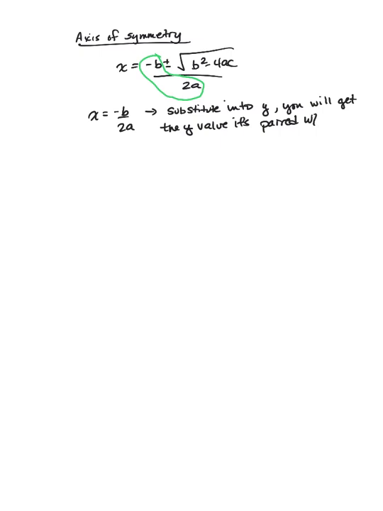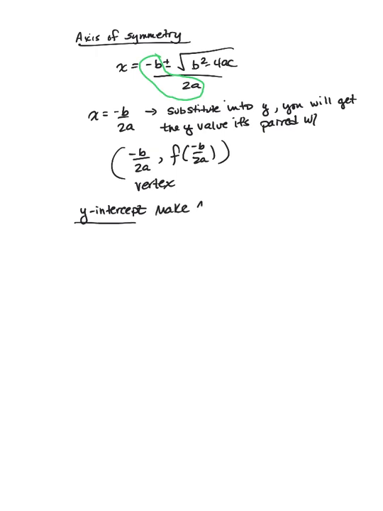And when you put those together, I'll call this f of negative b over 2a. This is known as your vertex. So you can always plot that point, which helps. You can always plot the y-intercept. The y-intercept, x is 0. So these certainly help you.